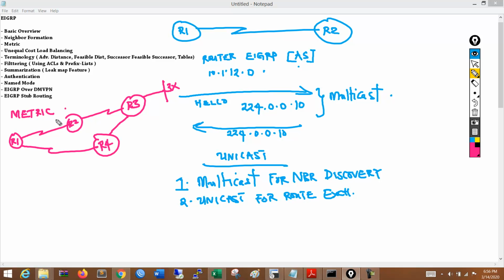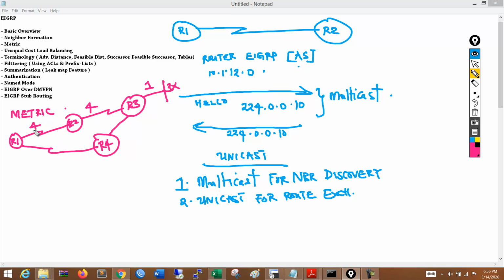So we are going to say that the cost for R1 to R2 is 4, and the cost for R2 to R3 is 4, and the cost for R3 to this directly connected network is 1. Don't mind, I'm using little numbers.